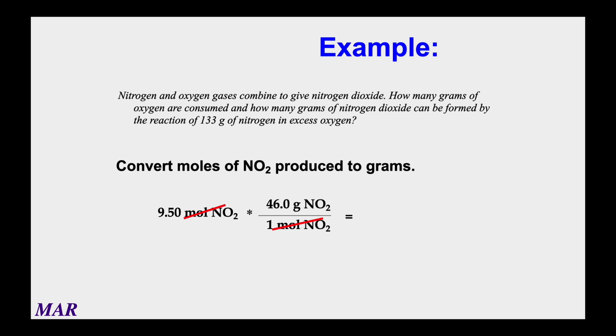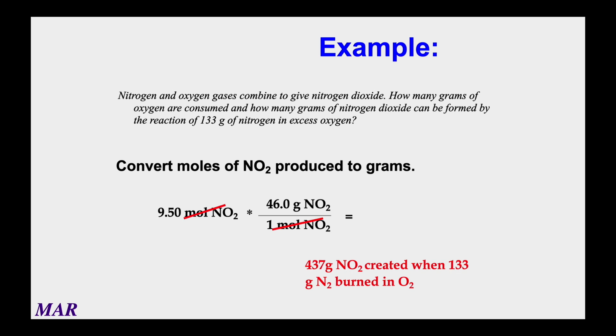So if you multiply here, the moles cancel out. 46.0 times 9.50, to 3 sig figs, 437 grams of NO2 are created when 133 grams of N2 are reacted or burned in O2. So this number, 437, is how much NO2 should be created if we put 133 grams of N2 in.